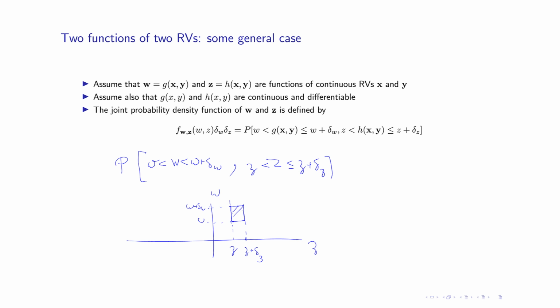So this probability is equal to this probability, and this, based on the definition of the joint PDF, is equal to this.